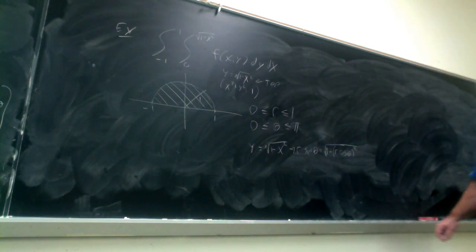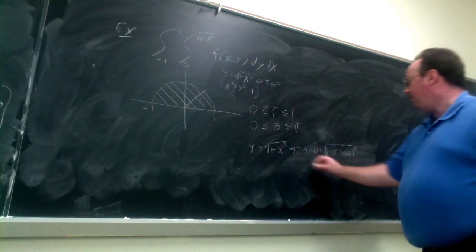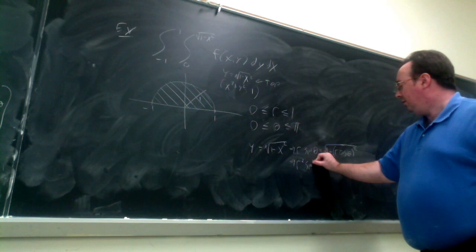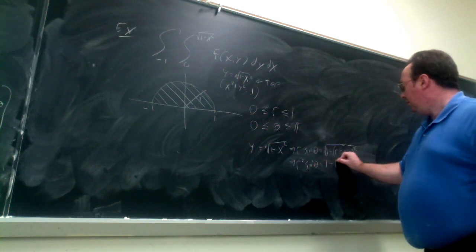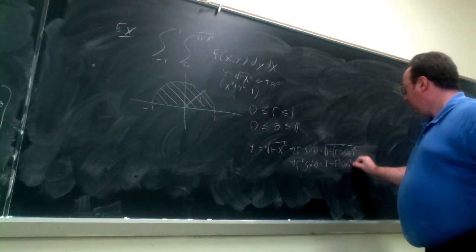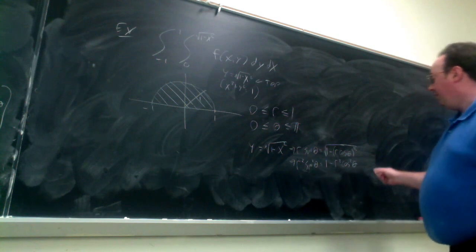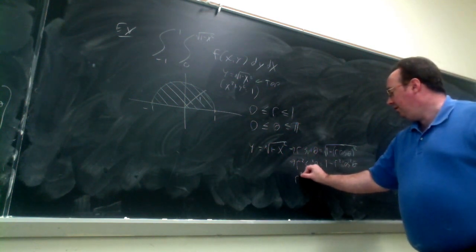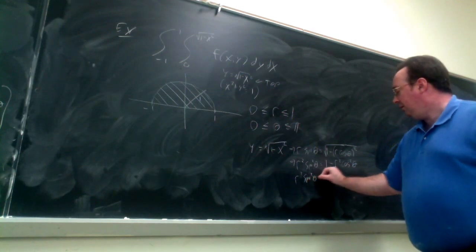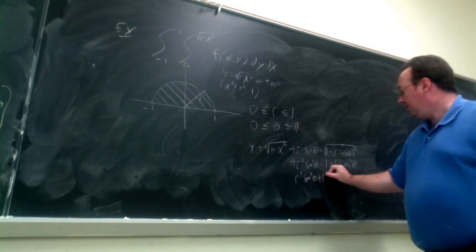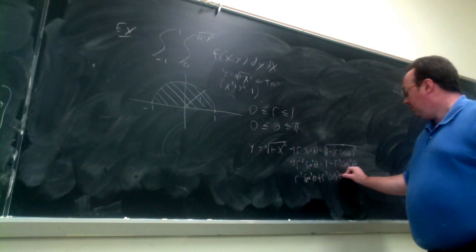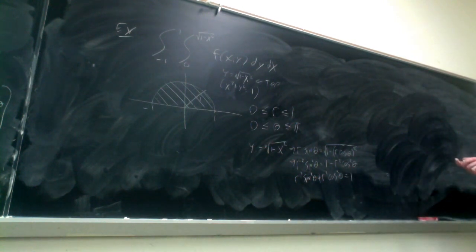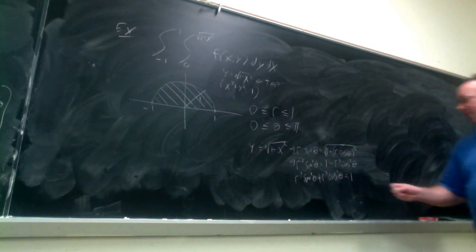All right. So now what you can do is square both sides and rearrange. But sine squared plus cosine squared equals 1.